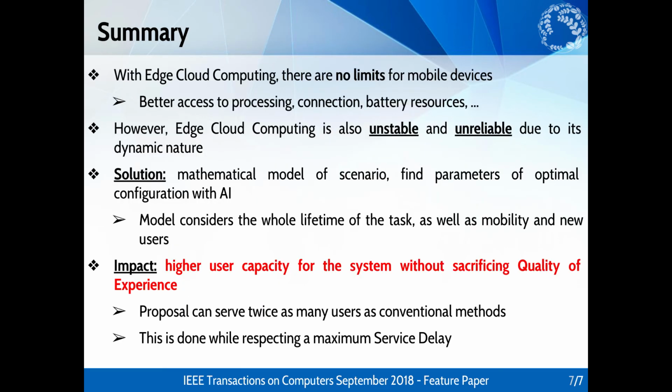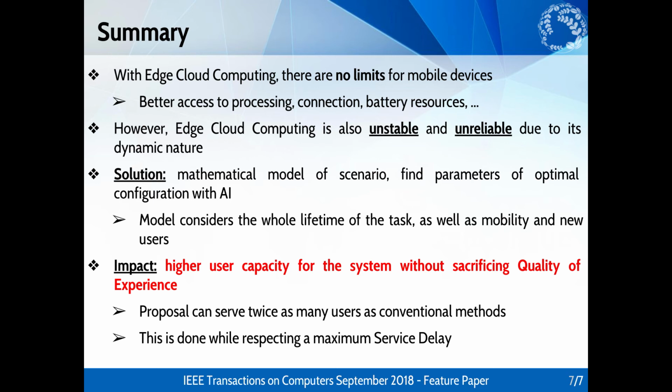In summary, with edge cloud computing, there are no limits for mobile devices, because we can have better access to processing, connection, and better resources. However, edge cloud computing is also unstable and unreliable due to its dynamic nature. My solution to this is to mathematically model the scenario and find parameters of the optimum configuration with artificial intelligence.